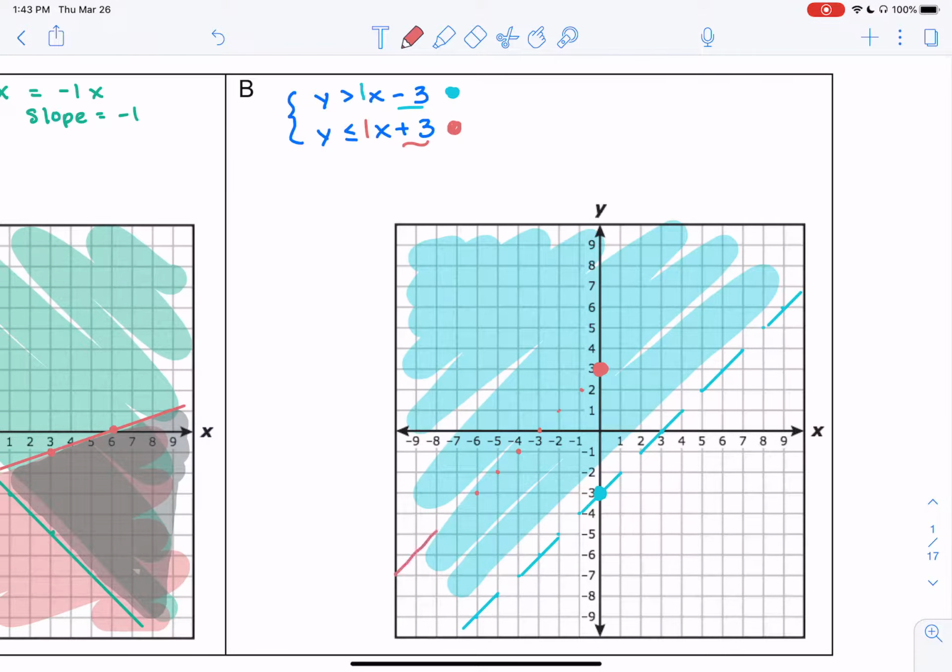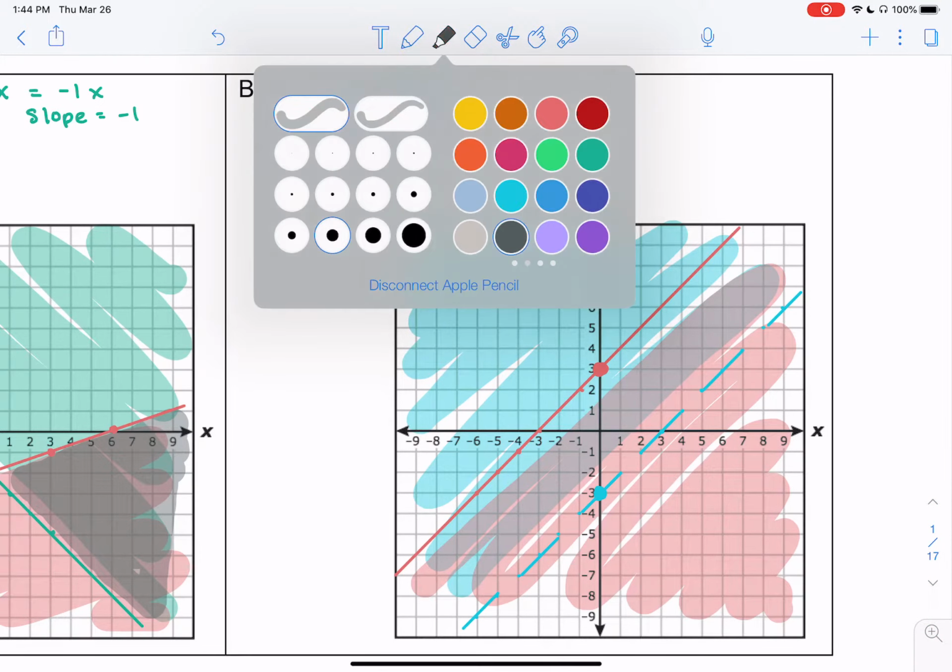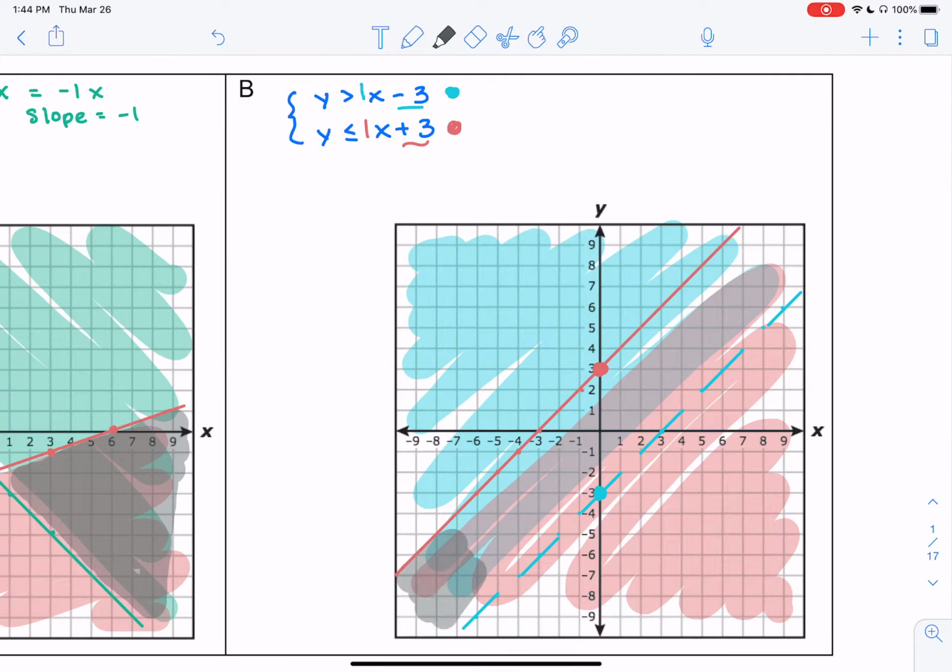It is not going to be dashed. All right, and the shading is less than or equal to, so that means it's going below the line that we're drawing, so it goes down that way. So I'm going to emphasize the middle part here where they overlap. Okay, this is the solution set, the part in the middle where they overlap.